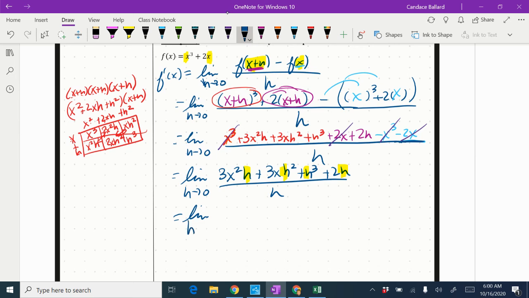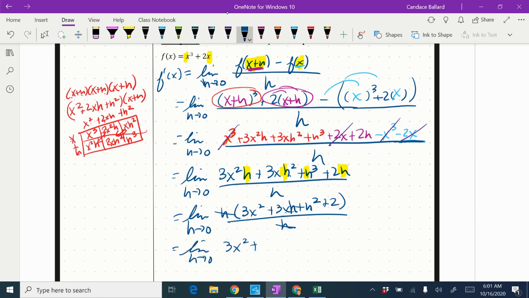The limit as h approaches 0 of h times 3x squared plus 3xh, because I had 2, I only could take out 1. I'm left with h squared there plus 2, all over h. I'm going to cancel my h's. So now I have the limit as h approaches 0 of 3x squared plus 3xh plus h squared plus 2.